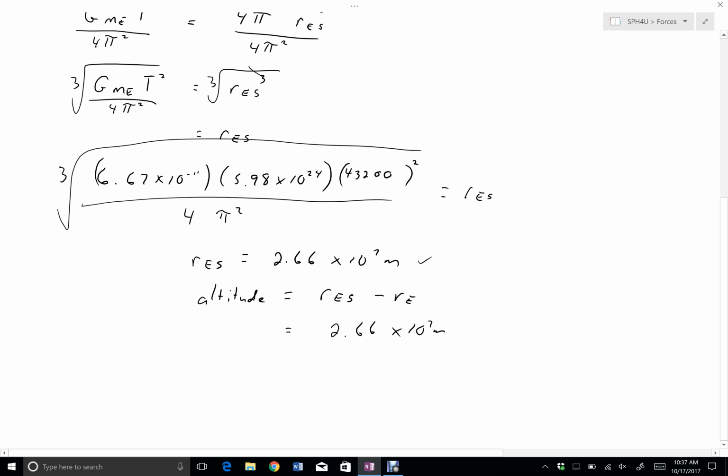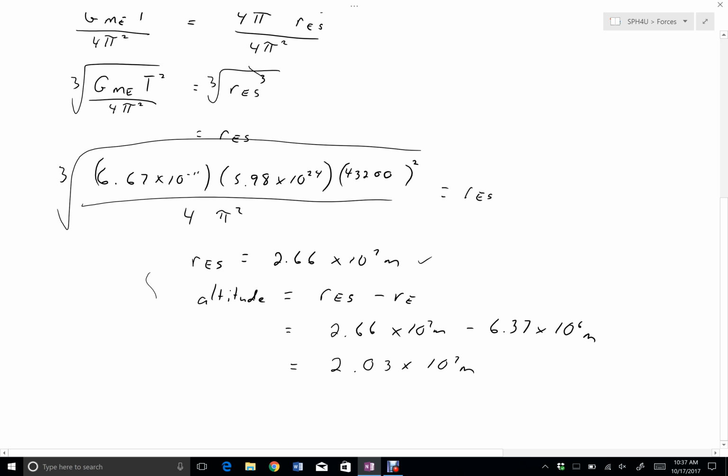Again, just looking off a chart for this value, the radius of the Earth is 6.37 times 10 to the 6 meters. That's the average, but that's what we'll use. And I get an altitude of 2.03 times 10 to the 7 meters.